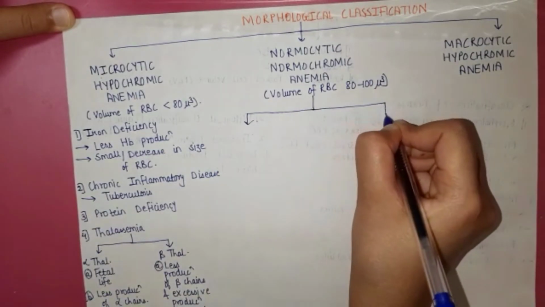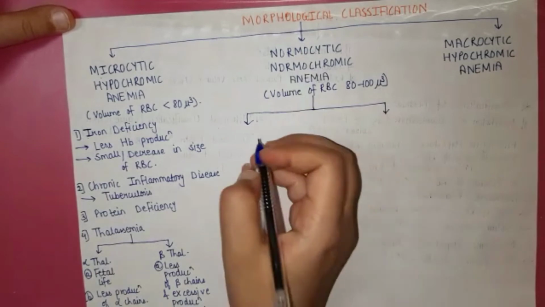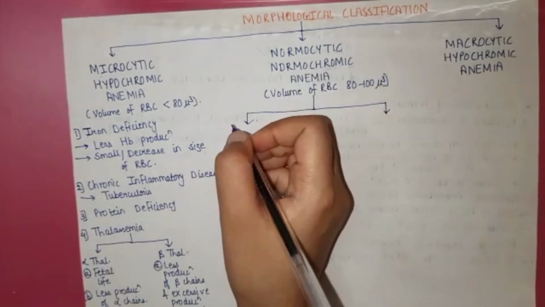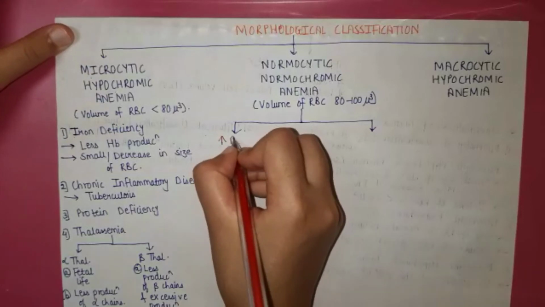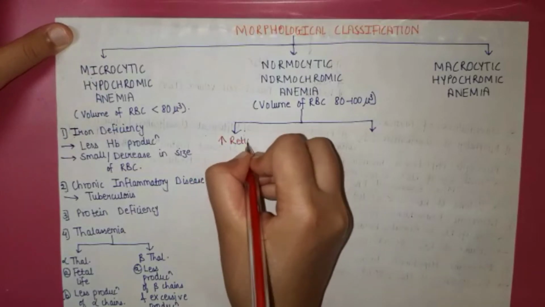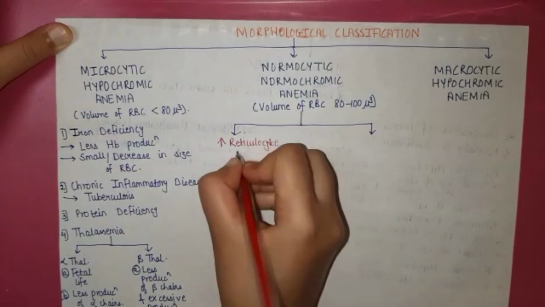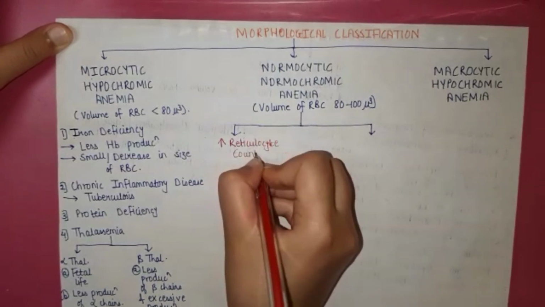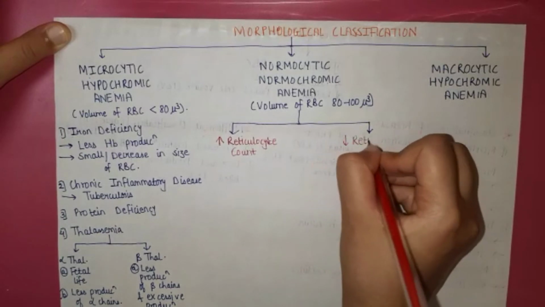So there are two types which lead to this kind of anemia. First is the increase in the reticulocyte count, and the second type is decrease in reticulocyte count.